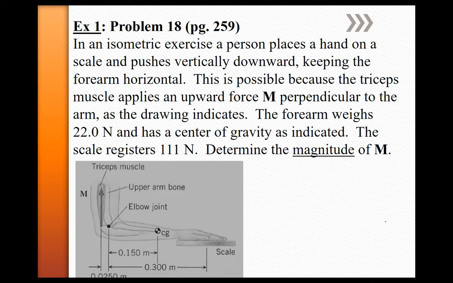Okay, the first thing I'm going to do is draw a free body diagram, FBD, of the person's forearm. So I'm going to represent their forearm just with a really large rectangle.